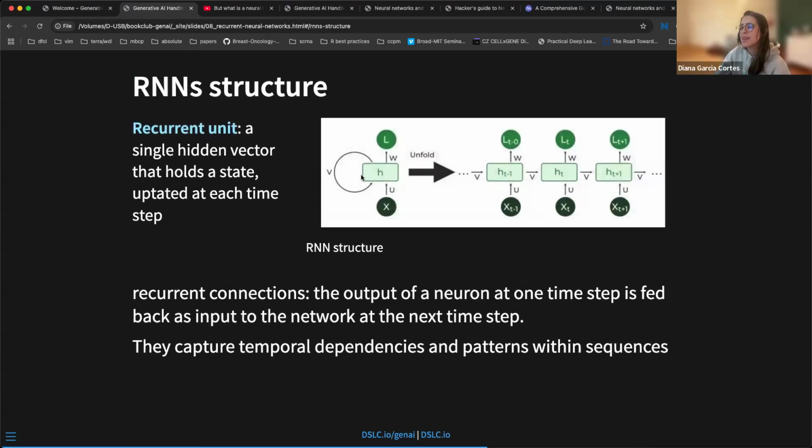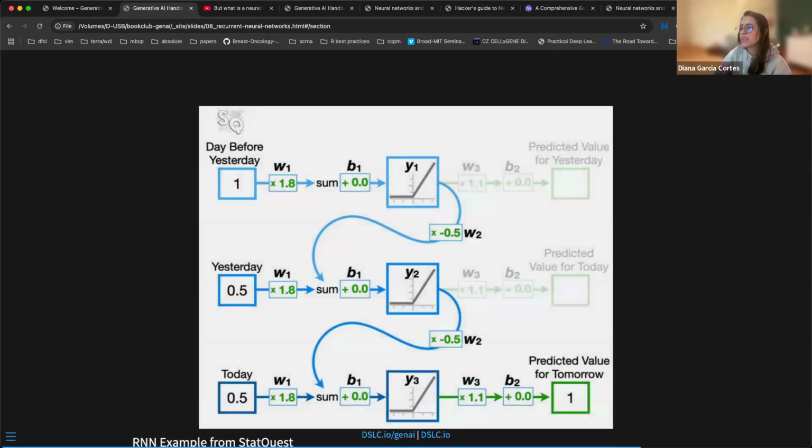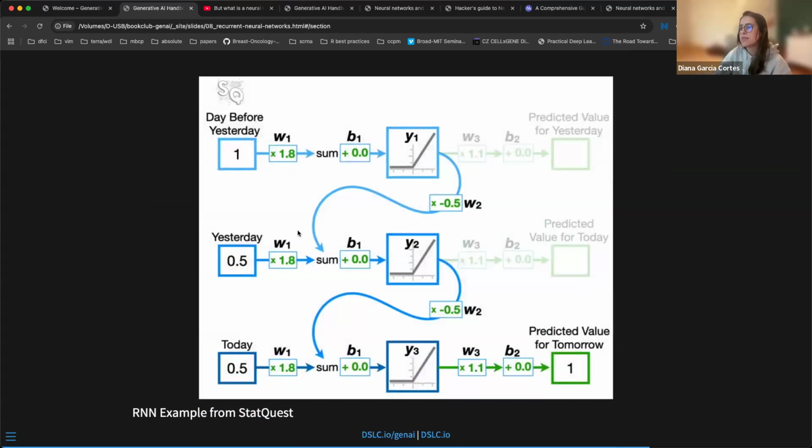So what is happening here is that the feedback loop is going to connect one neuron to the next one in the next time step, but they're all going to share the same weights and the same biases, and the vector that is going to hold the states is the vector that is connecting the first neuron to the next one.